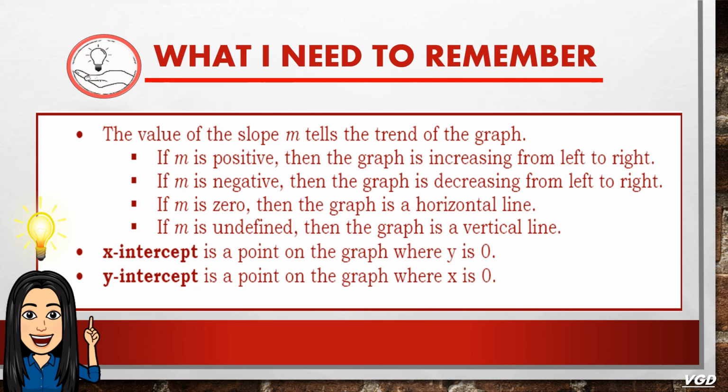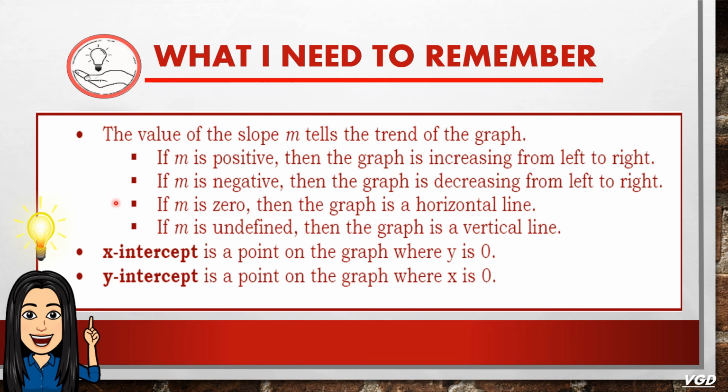And take note, you have to remember the following as you answer those activities. The value of the slope m tells the trend of the graph. If m is positive, then the graph is increasing from left to right. If m is negative, then the graph is decreasing from left to right.